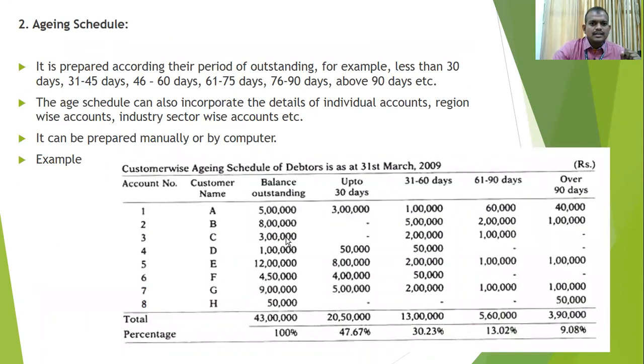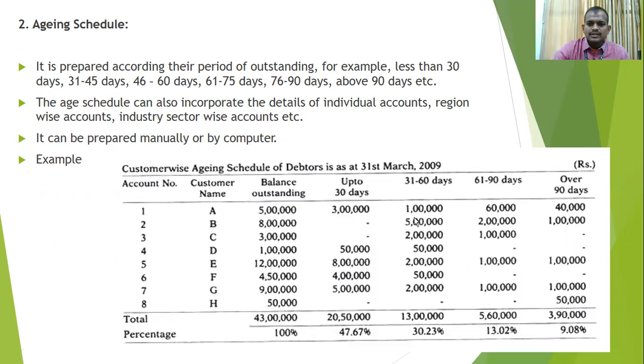So this is the example of the aging schedule. Account number, customer name, customer by customer, it reveals the information. Balance outstanding. So how much balance is still outstanding? So what is the time limit? Up to 30 days, how much he has to pay? 30 to 60 days, 60 to 90 days, over 90 days.